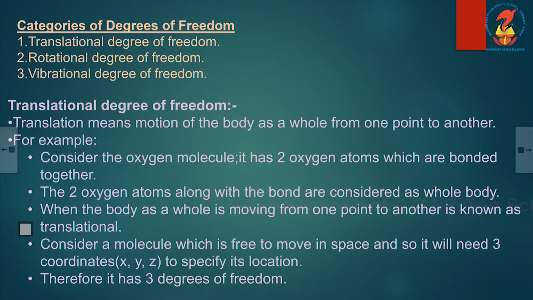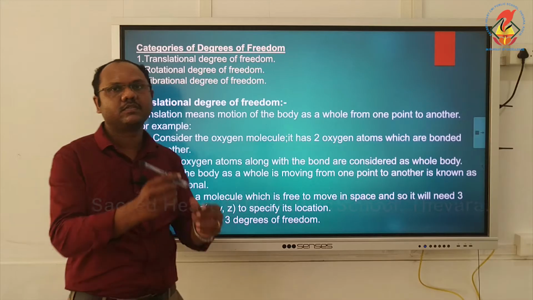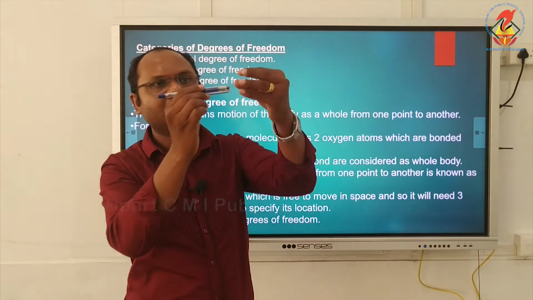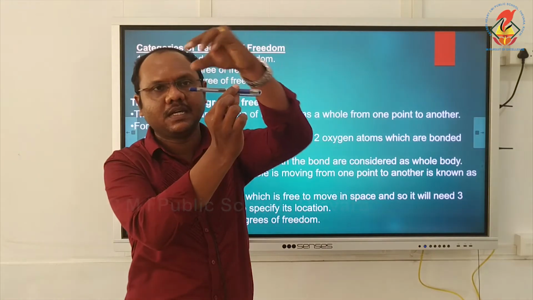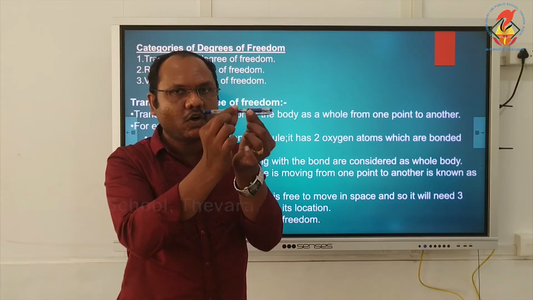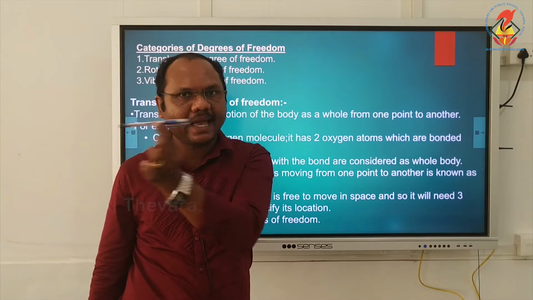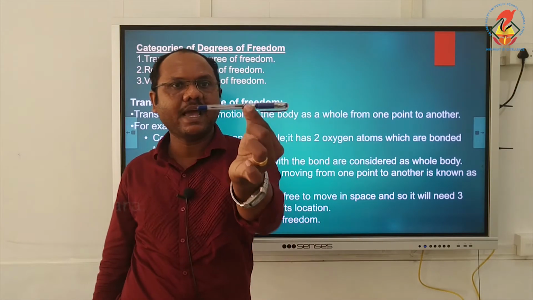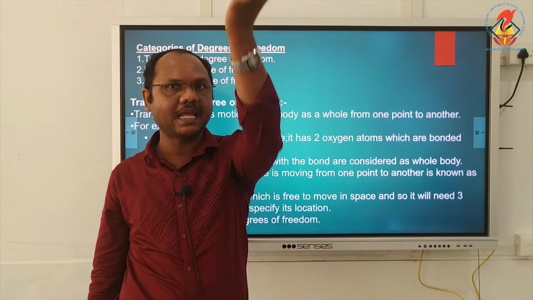So here I have just given an example. Consider an oxygen molecule. It has 2 oxygen atoms which are bonded together like this. Imagine here there is one oxygen, here there is another oxygen, and there is a bond. This oxygen molecule can move in the x-axis, y-axis, z-axis.